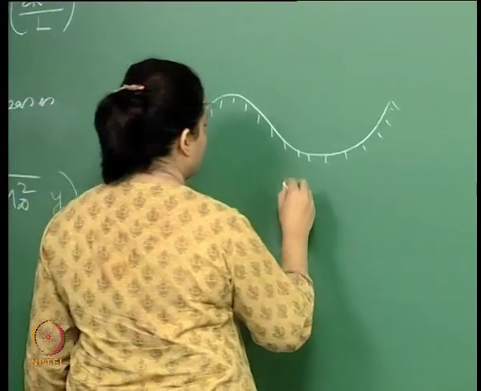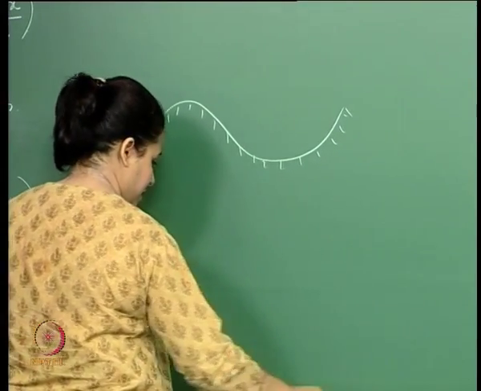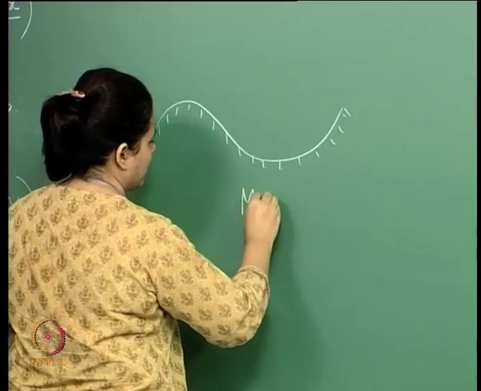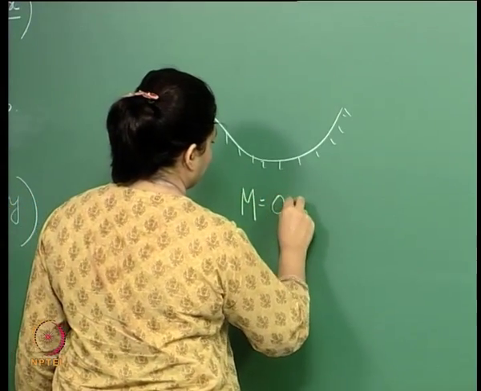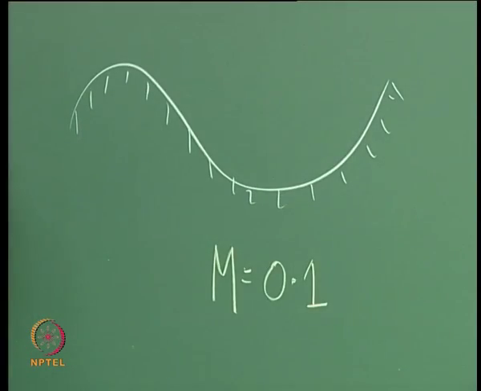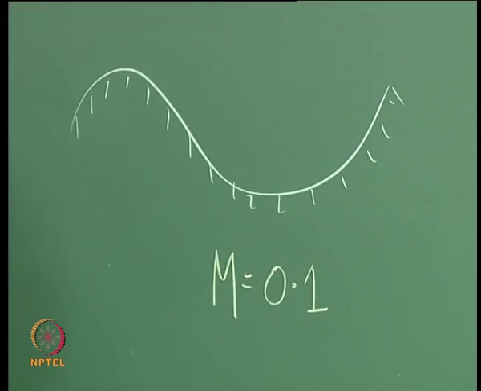Now say the flow is happening here at a Mach of, say, 0.1, right? Say this is happening at 0.1.